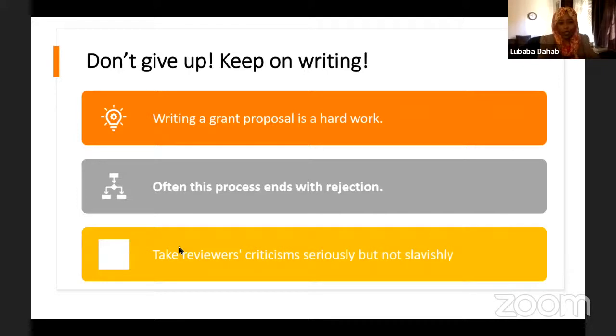Try your best to get all of the expertise that will help you in writing, and keep going. Sometimes it will end with rejection, but rejection is a good opportunity to improve, and take the reviewers' criticism seriously, but not slavishly.